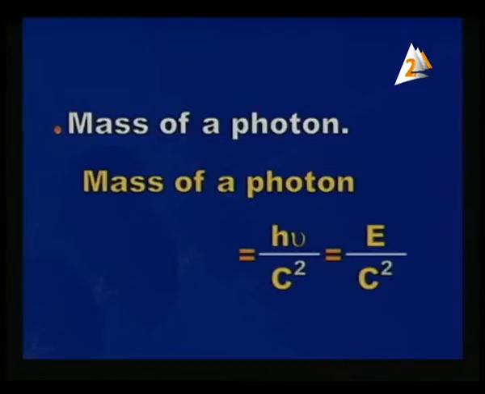The mass of a photon is given by the relation h nu over c squared. h nu is the energy of the photon, and c is the speed of light in space. So you could write either h nu over c squared or E over c squared. This was the expression that gives the mass of the photon.